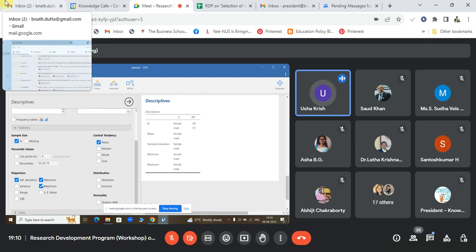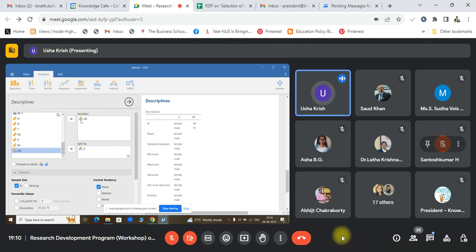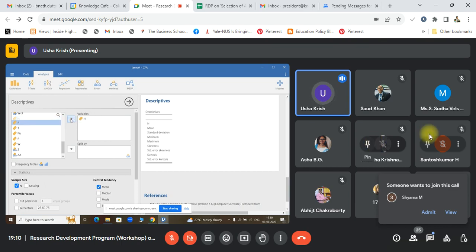Standard deviation I want. Minimum, maximum value I want, activate that. I need skewness. I need kurtosis. Click on that. And we are not getting the values because I kept categorical data here. So it will not give value. Now I will transfer the continuous data.